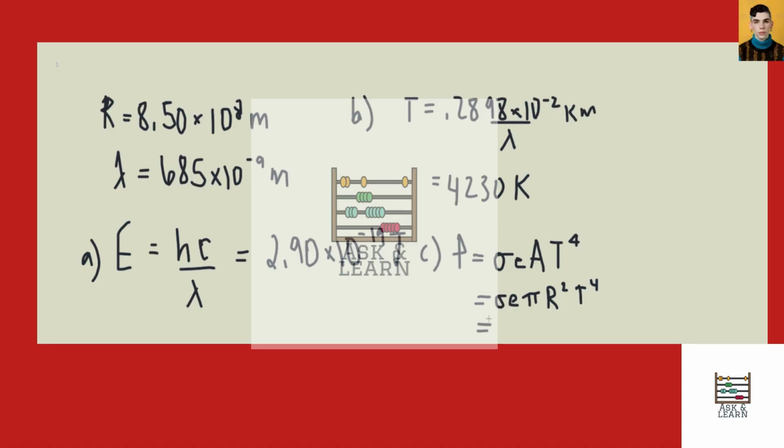If you're not sure where this comes from, just review chapter 11, or you can just Google Stefan's law. So if I go ahead and plug all of this into a calculator, let's see what I get, and I'll pause while I do that calculation. Okay, so with that, I get 1.65 times 10 to the 26 watts.